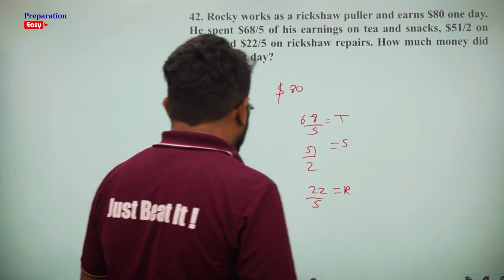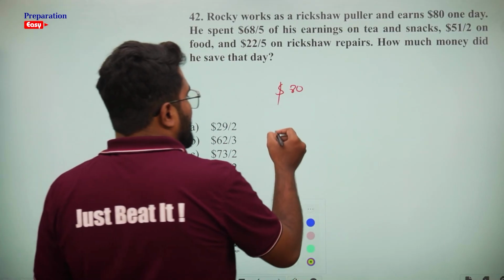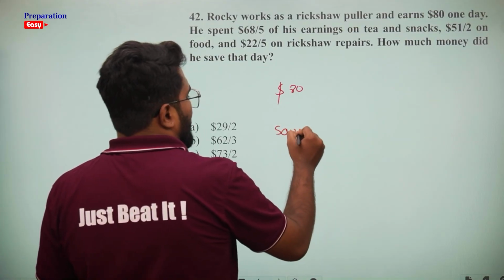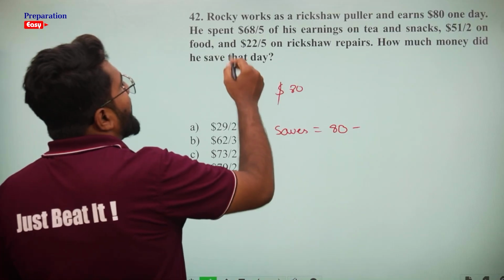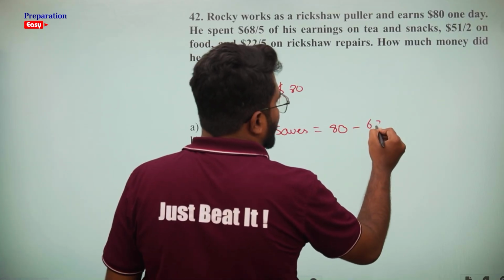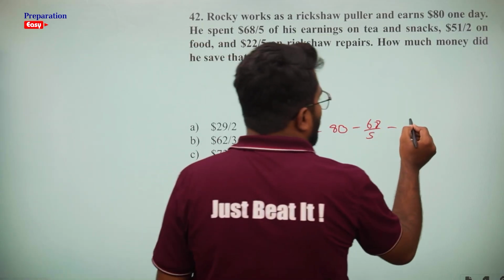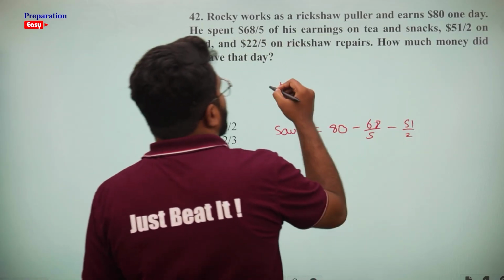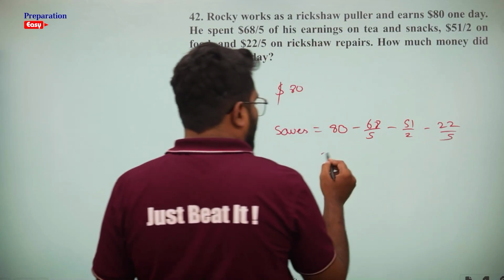So how much total had he earned? 80. Okay, so savings equal 80 minus 68 by 5, minus 51 by 2, minus 22 by 5.